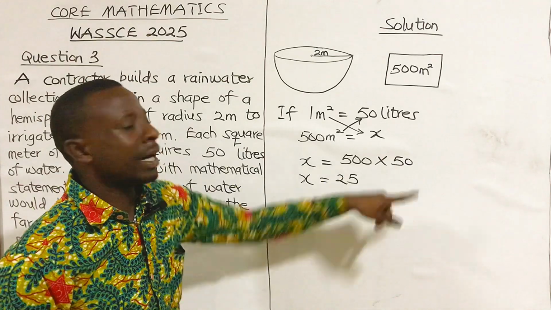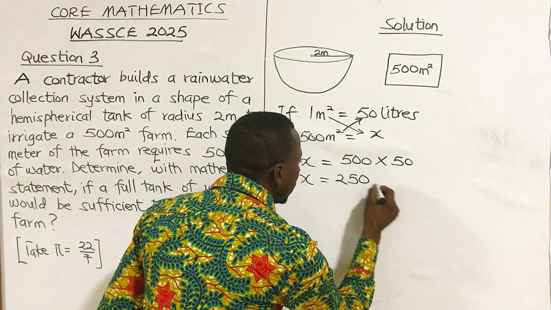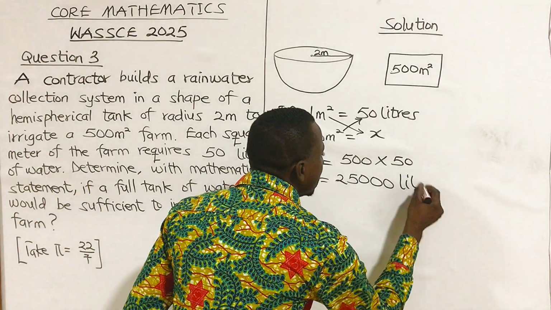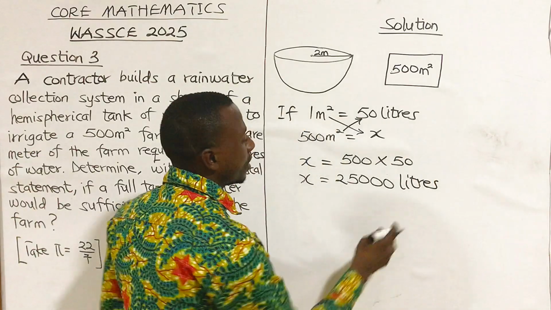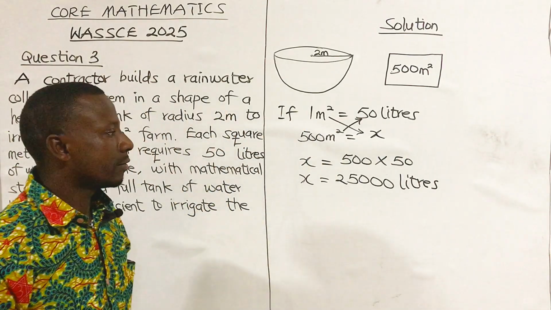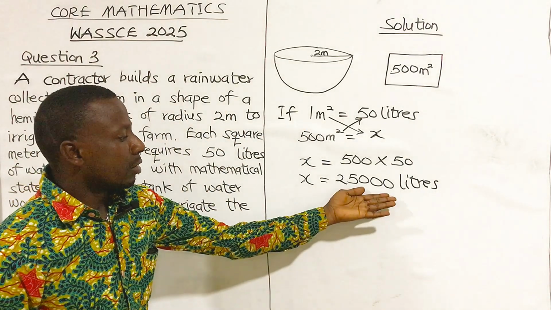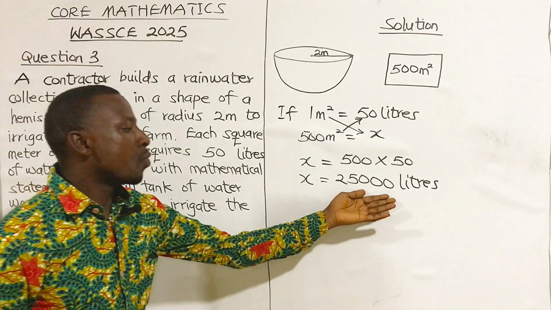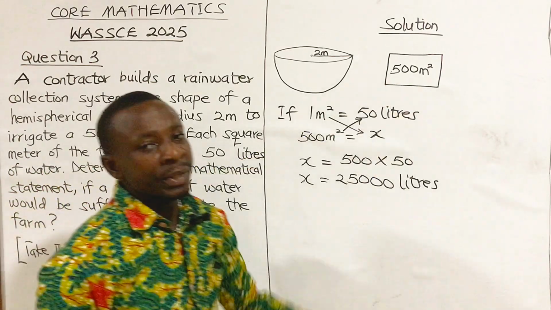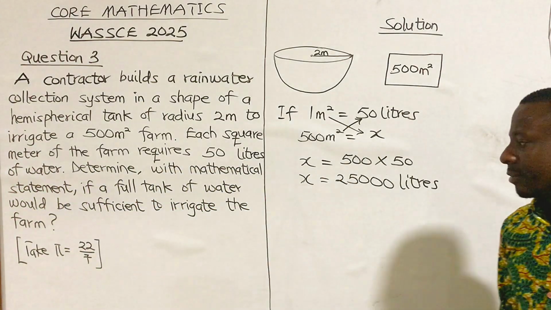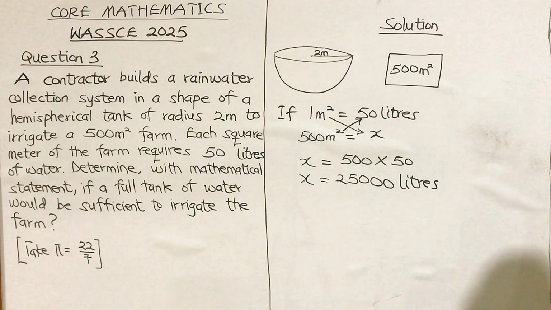And then we are going to add the three zeros, making 25,000 liters of water. So this will be the water needed to irrigate the farm in liters.